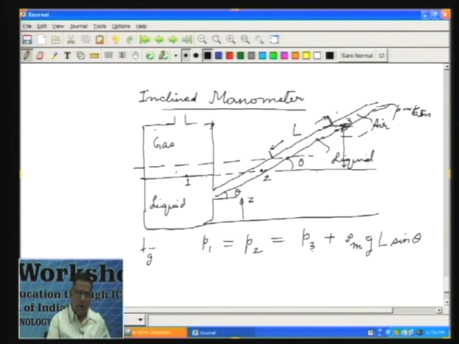And this P 3 is going to be your P atmosphere. So, this is P atmosphere plus rho m g L sin theta.